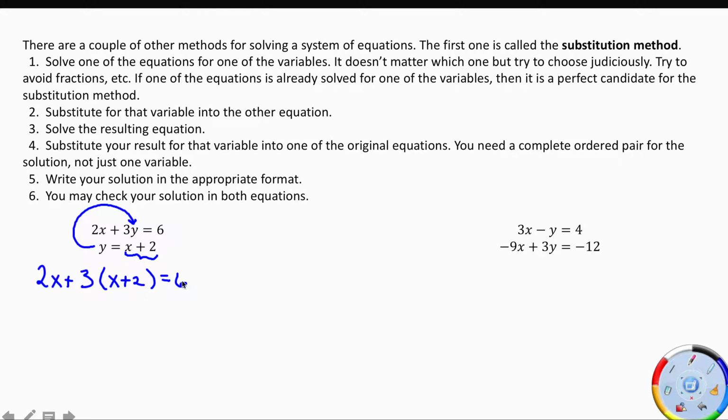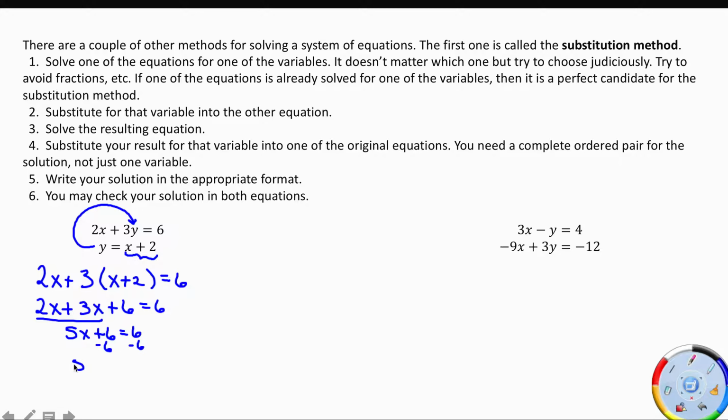But now this is an equation with only one variable. I can solve this equation, and it's a simple, basic linear equation. I'm just going to get rid of my parentheses. 2x plus 3x plus 6 equals 6. Combine like terms. 5x plus 6 equals 6.